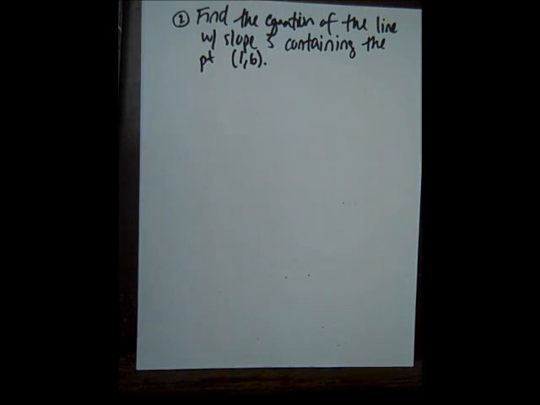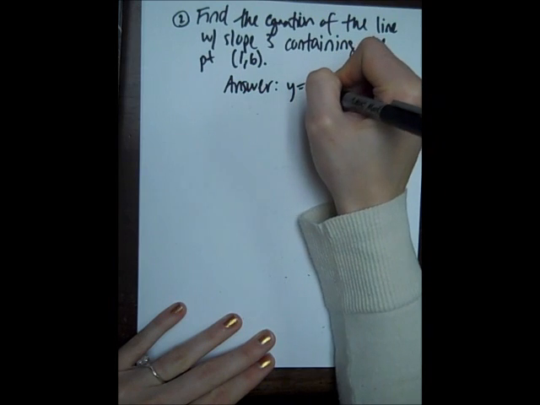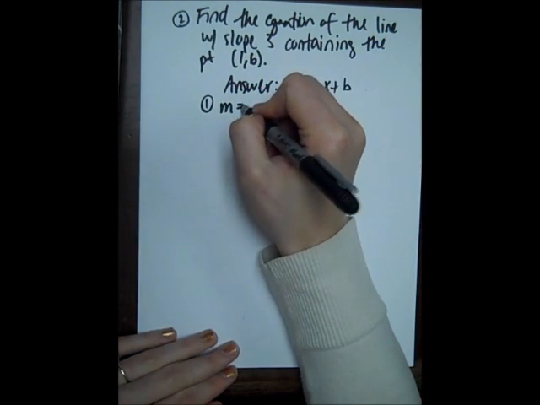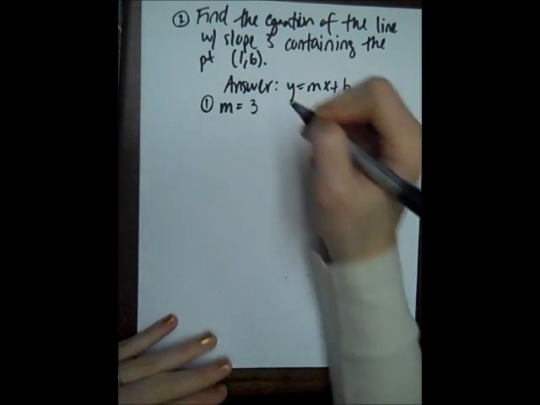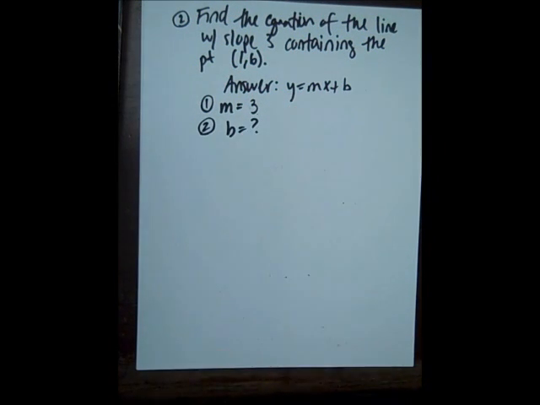We're finding the equation of a line, so our answer is going to be of the form y = mx + b. Two things we need to find. First, we've got to find our m. In the problem, did they give you the slope? Yes, we said the slope was 3, so m = 3. Next thing we need to find is b. In the problem, did they give you the y-intercept? Well, it didn't, but we can figure it out.